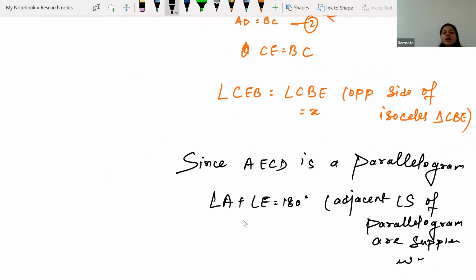Here we have assumed that angle E is x. So angle A will be 180 minus x.